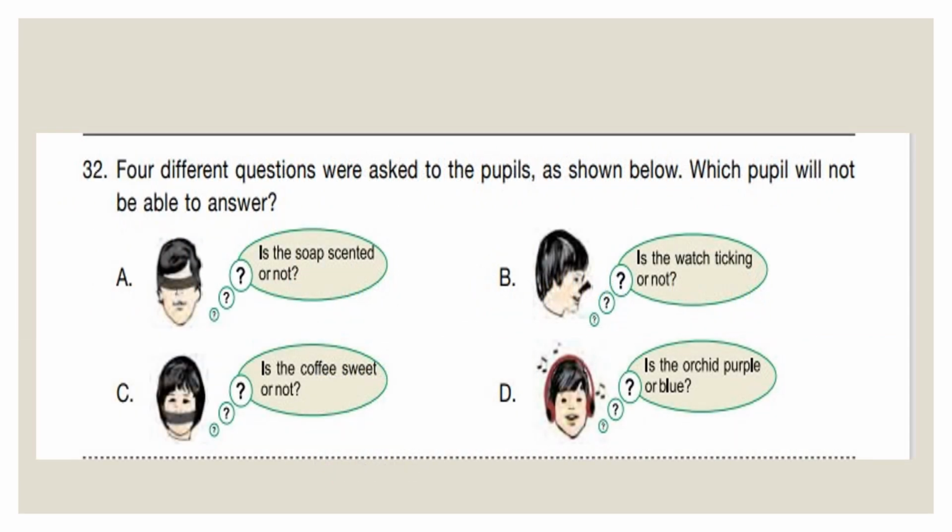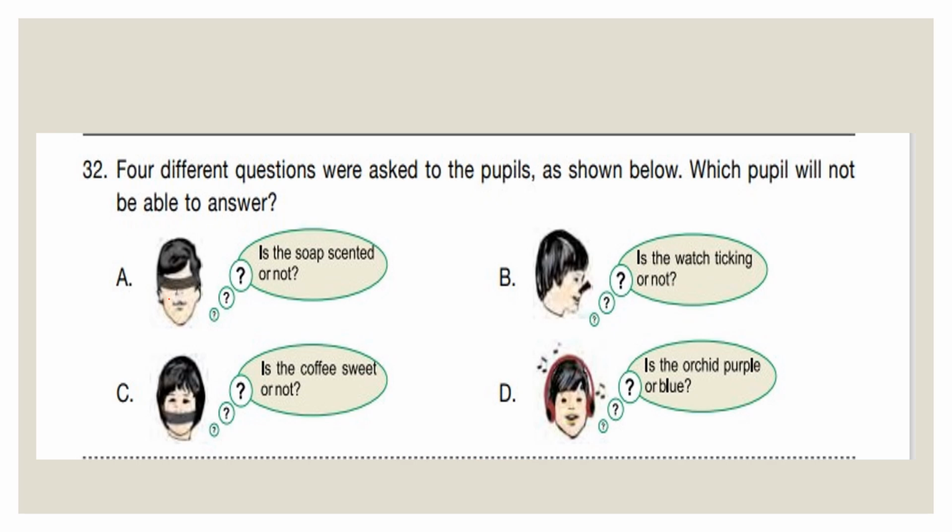Question number 32. Four different questions are asked to the people as shown below. Which people will not be able to answer? Is the soup scented or not? Because his nose is open, he can smell. So A can answer correctly.